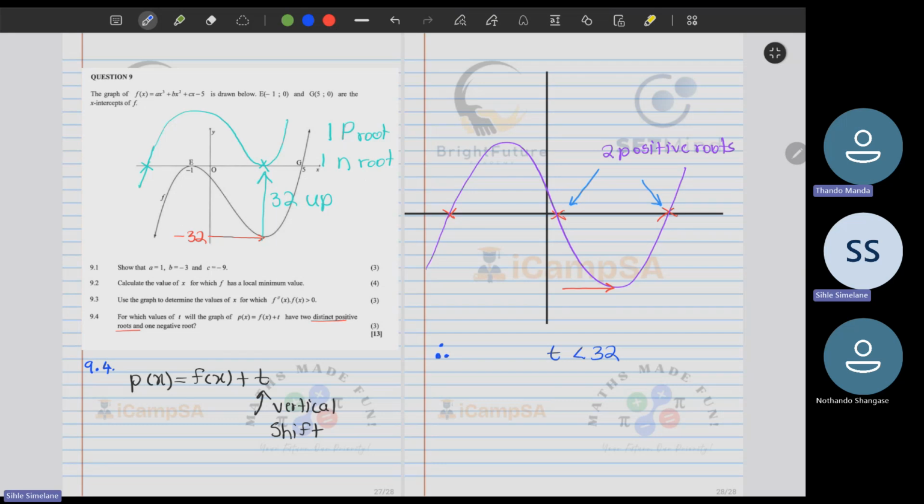If t is greater than 1 but less than, so why do you think it must be 1? Why?